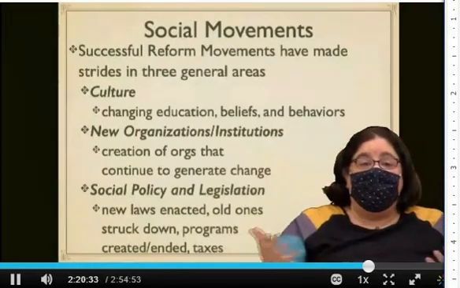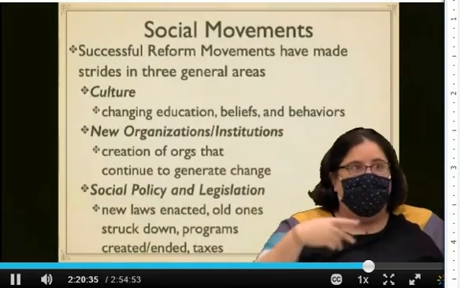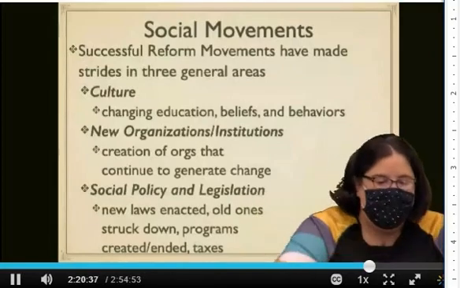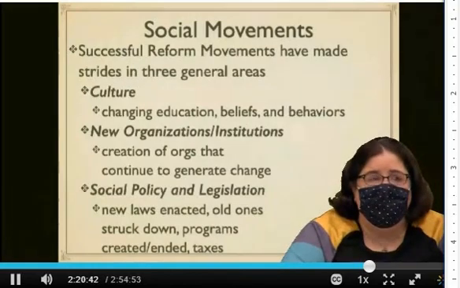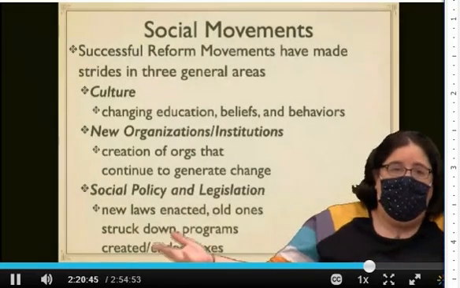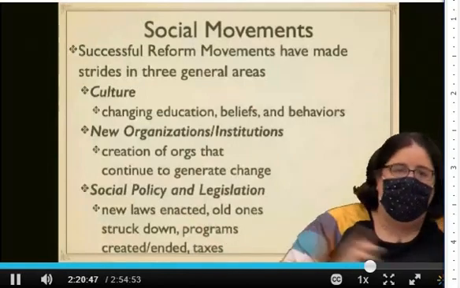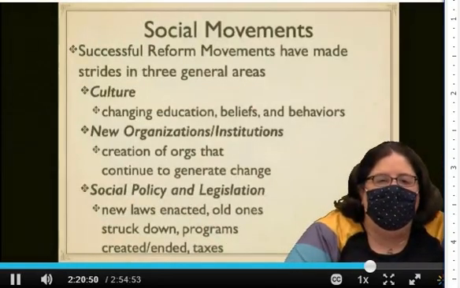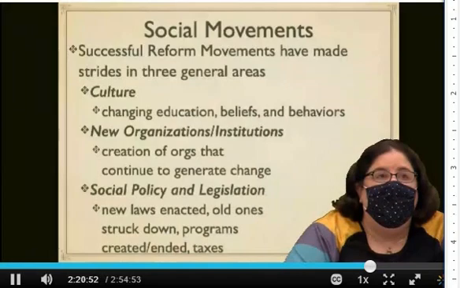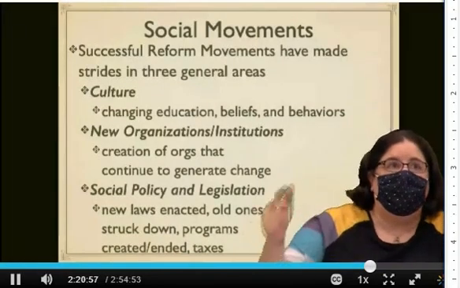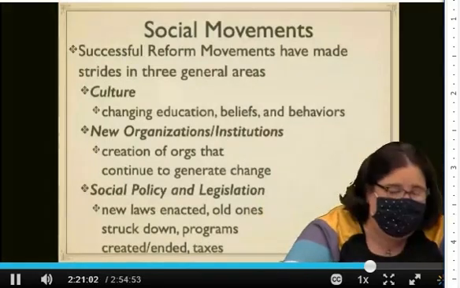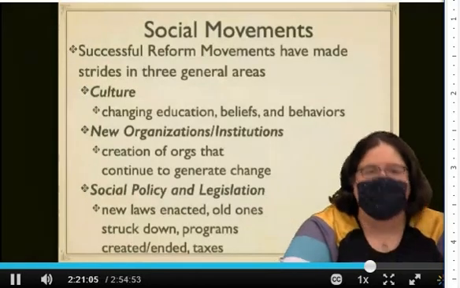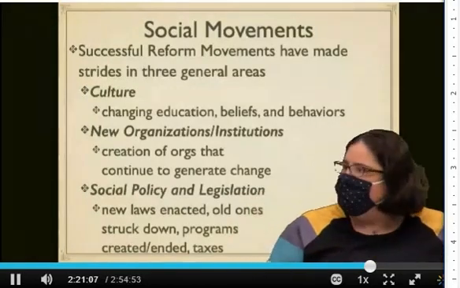There was the creation of new organizations from the women's movement, most notably the National Organization for Women, NOW, and then social policy and legislation trying to enact, like I said, equal pay. Down here is a better example of equal pay because it's a law. Or striking down old laws, like the law that gave a loophole for husbands sexually assaulting their wives. That was changed in the 1970s as a result of the women's movement, and so on and so forth. Right? So you get the idea?